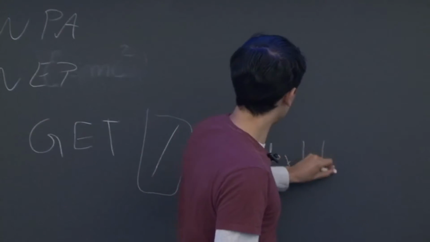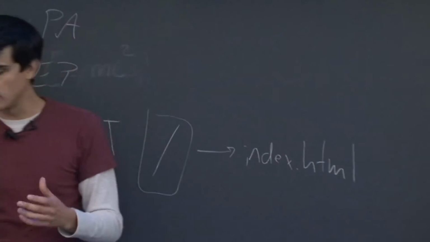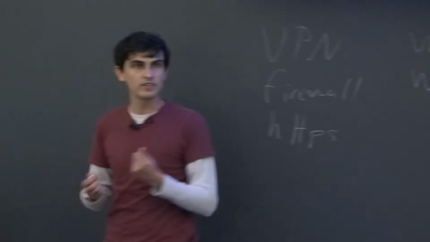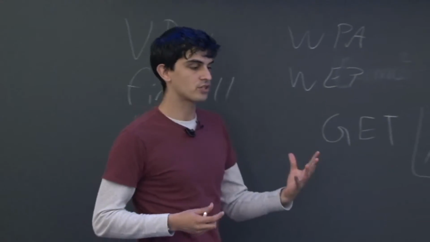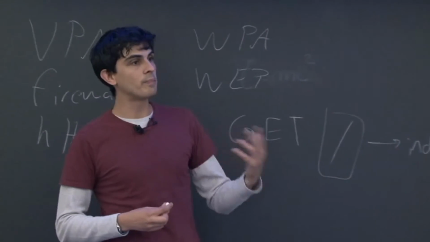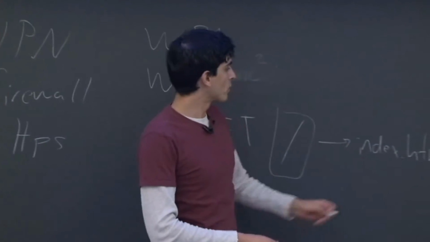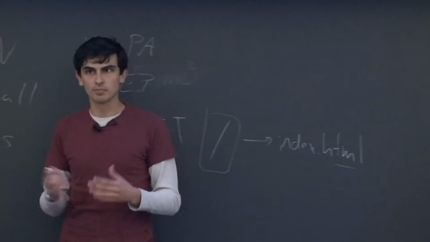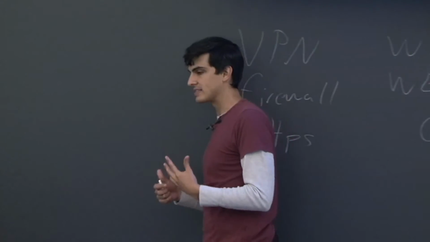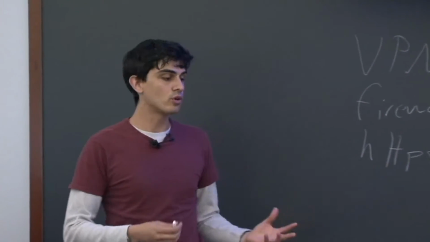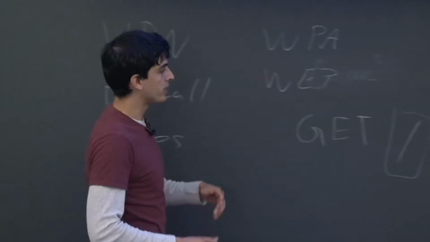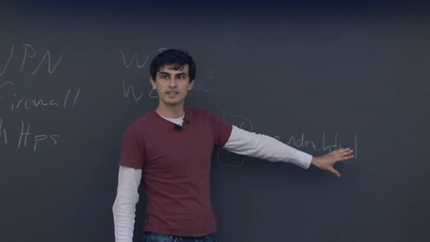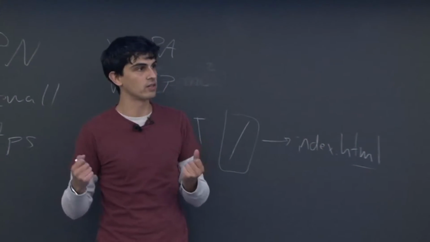And recall that HTML is different from HTTP, so don't get the two confused. HTTP is the protocol through which the computers and servers communicate to send web pages and to request web pages, whereas HTML is just a markup language. It's just a way of formatting text that the server sends to the client computer, to my computer, that the web browser reads and then interprets into an actual final web page.